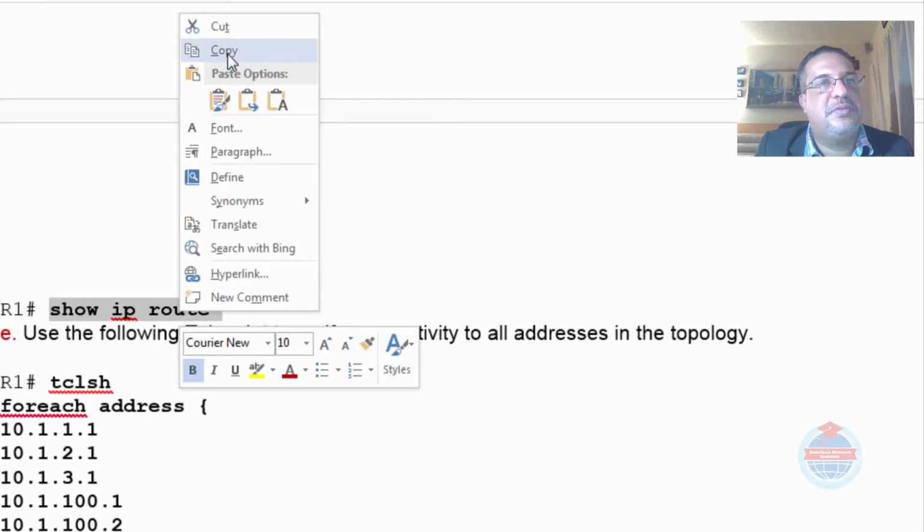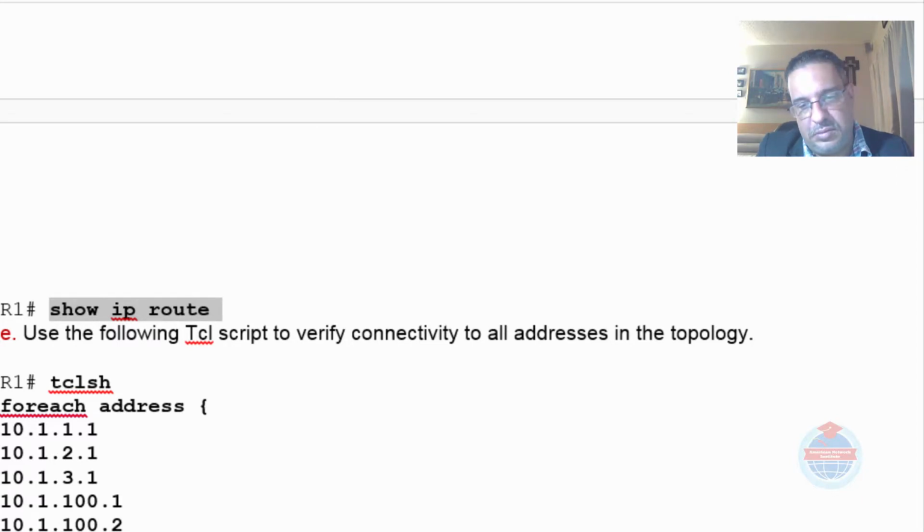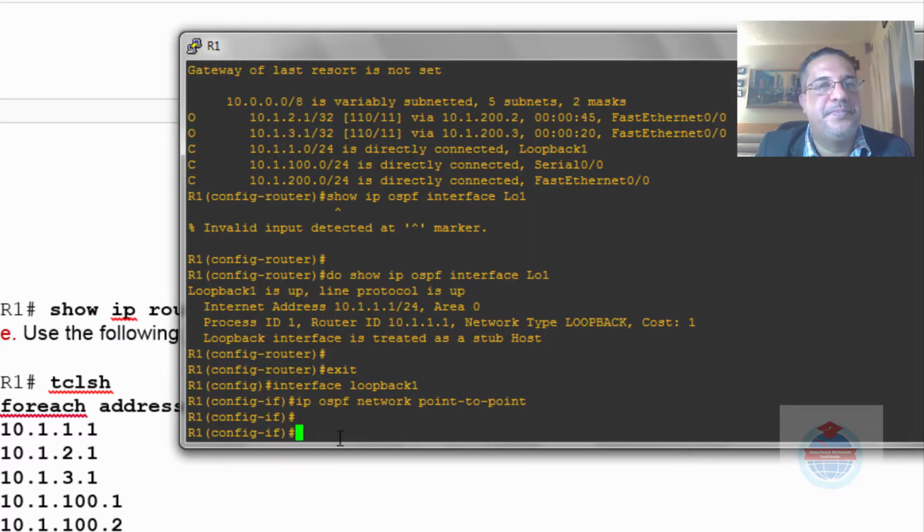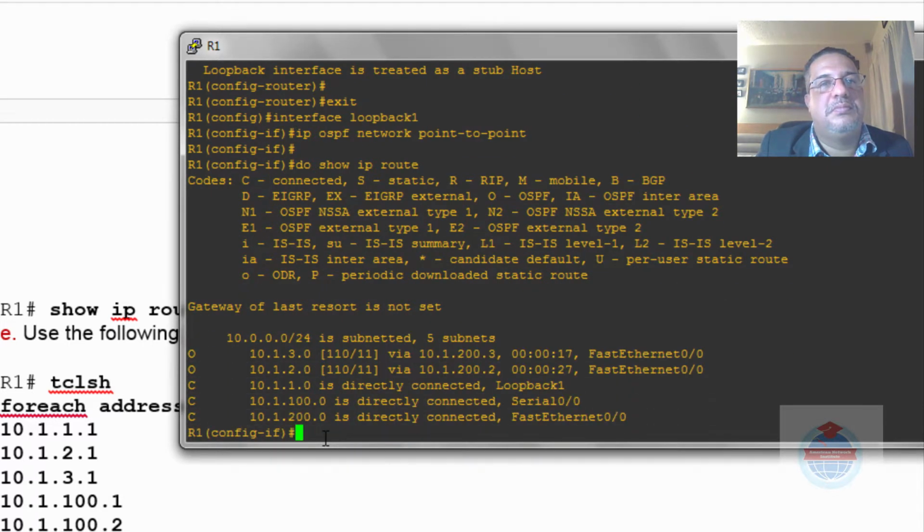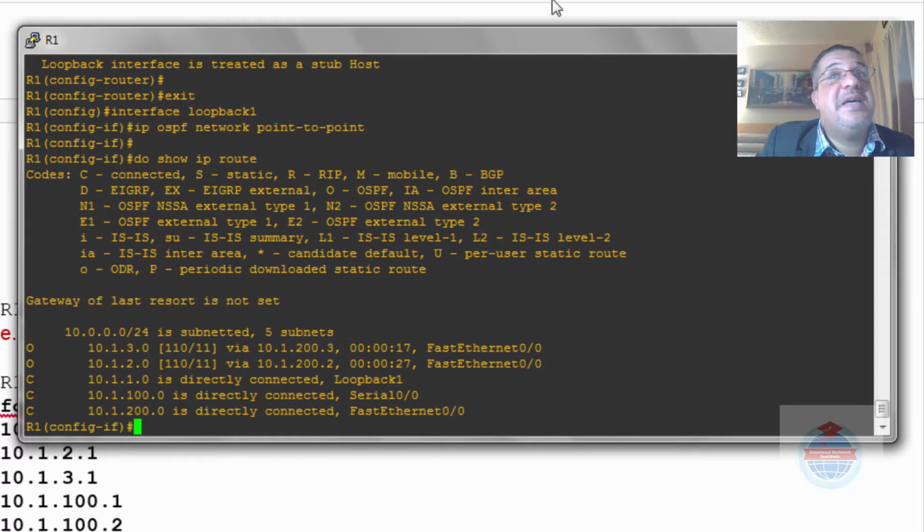Let's check the results on R1. /24 again, guys. Excellent. We don't see the /32. So far, this exercise is coming nice and smooth. I am very excited that you're having a good time with this, because I certainly am.